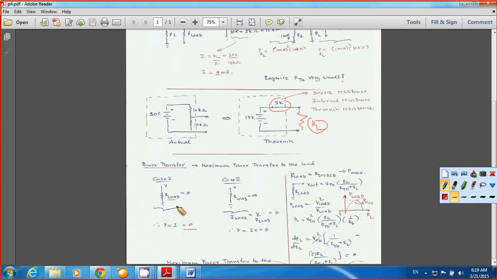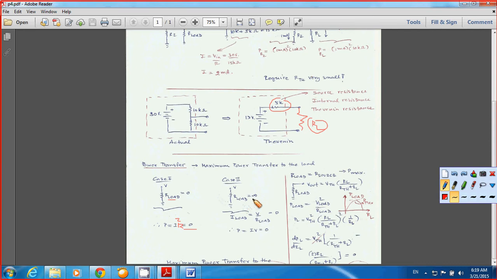You can put P equal to I squared R. Since your load becomes 0, R becomes 0, so P equals 0.